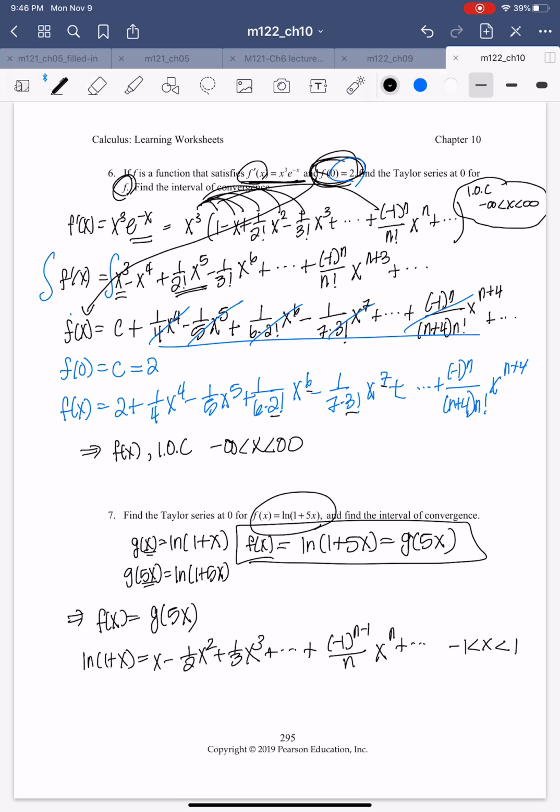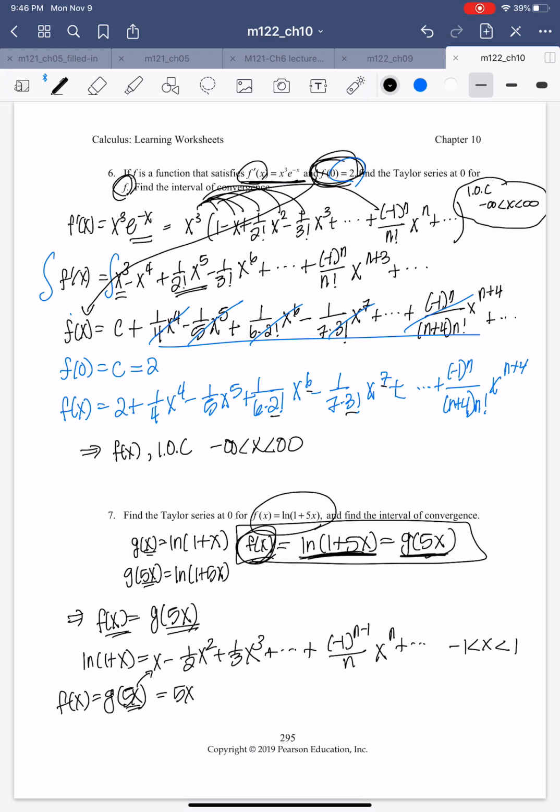This is g of x, but f of x is g of 5x, so I'm going to be substituting 5x for each term.